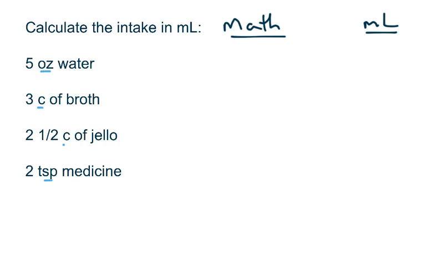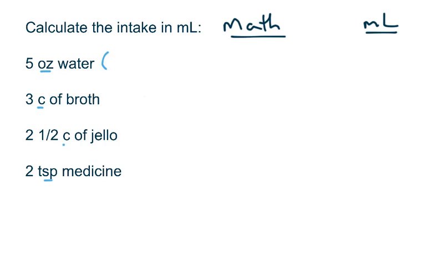Okay? So I have ounces, and here I know that 1 ounce is 30 milliliters. For the second one, I have a cup. So I know that 1 cup is 240 milliliters. Actually, you know what I'm just going to do? The cup could have stayed where it was, but let's go back.